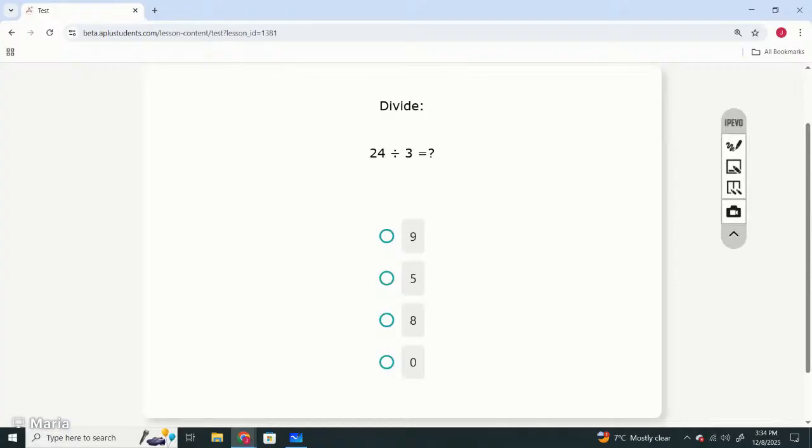That is 3 times 8 is 24. The correct option is 8.